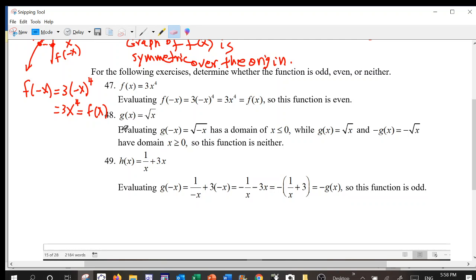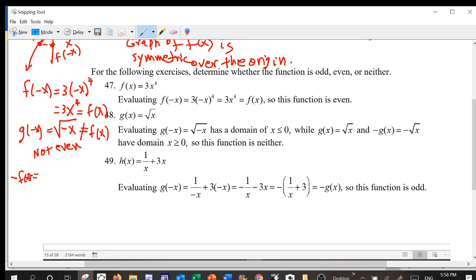Now what about this one? Well, let's see. What is g of negative x? Well, that would be square root of negative x, which is not f of x, right? So it's not even. So we know for sure, not even. Now, is it odd? Well, for this to be odd, this has to equal negative f of x.